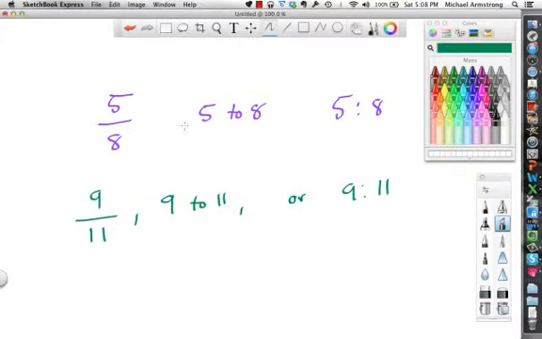Now 9 to 11 and 5 to 8 are both ratios that you can't simplify, but say we had a different ratio of boys to girls in our classroom. Say we had 8 boys to 12 girls. And we could actually simplify this just like we would a regular fraction. This would be the same thing as 4 to 6.